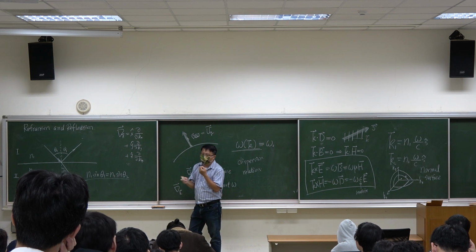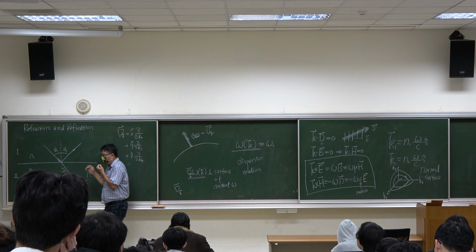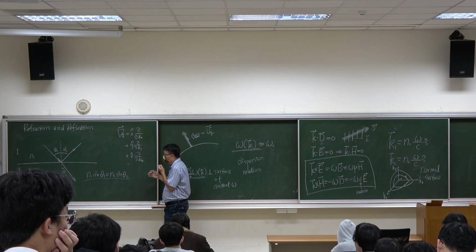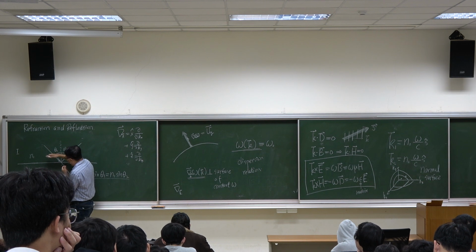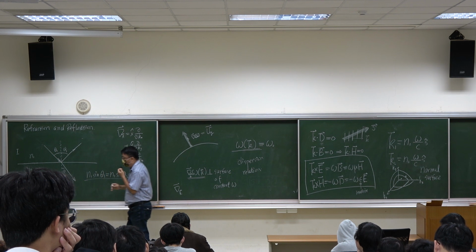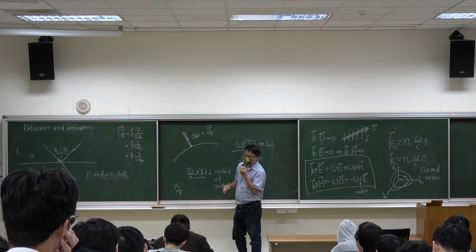The first way, you learn in geometric optics. Geometric optics tells you that you can find the path of light by using the so-called Fermat principle.